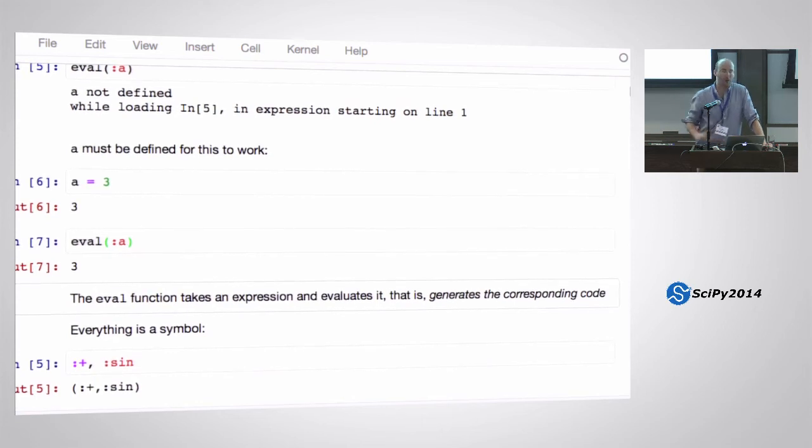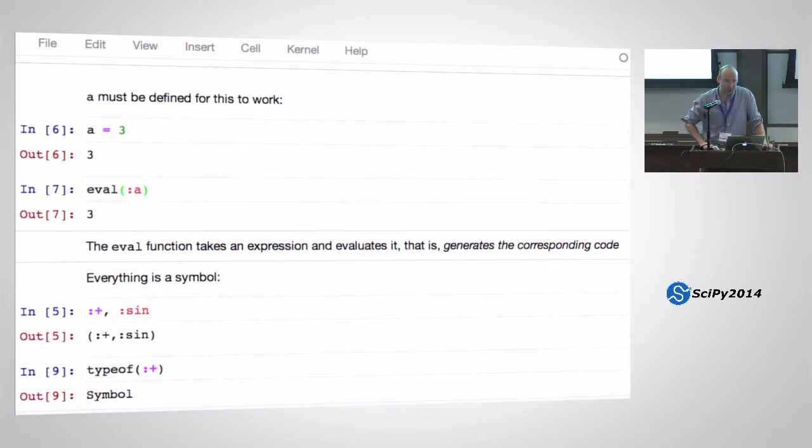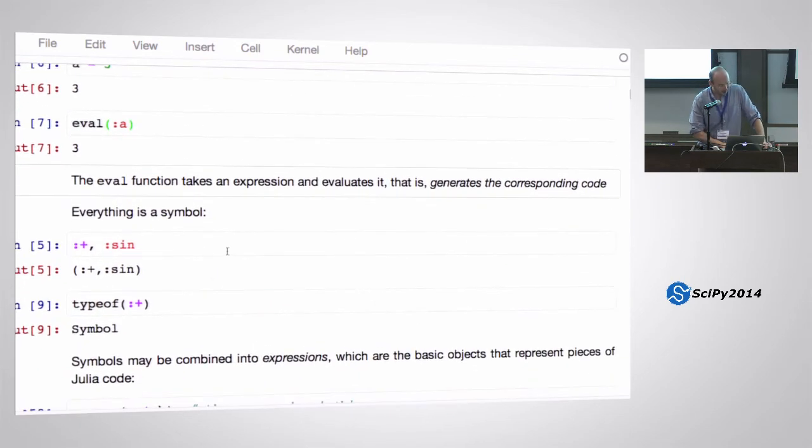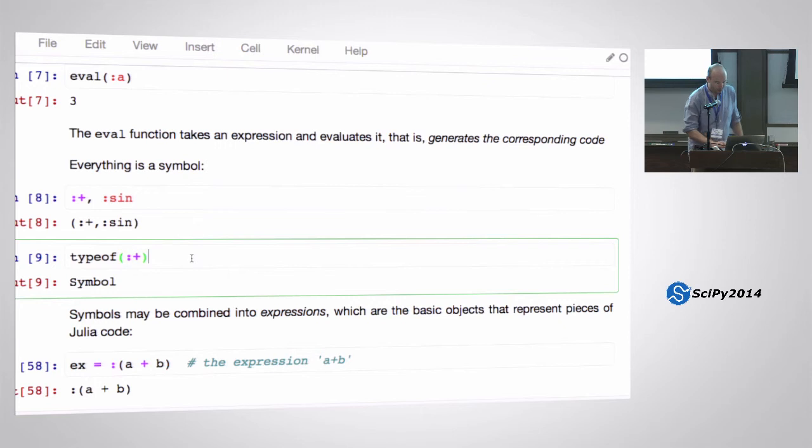In Python you have to do everything with strings, and in Julia instead of strings, we're going to use these bits of code. This comes from Lisp, so if you know Lisp, you're happy. If you don't know Lisp, you're probably confused. So everything is a symbol. We have the symbol plus, the symbol sign, and they're all symbols.